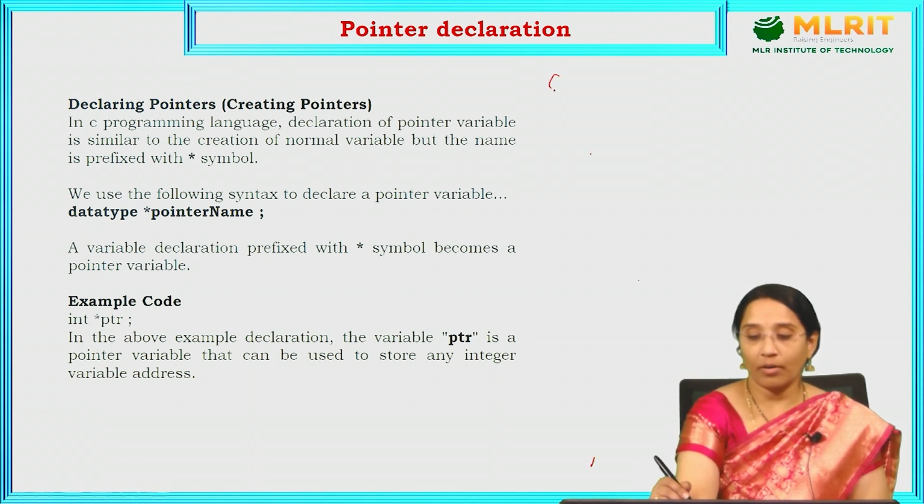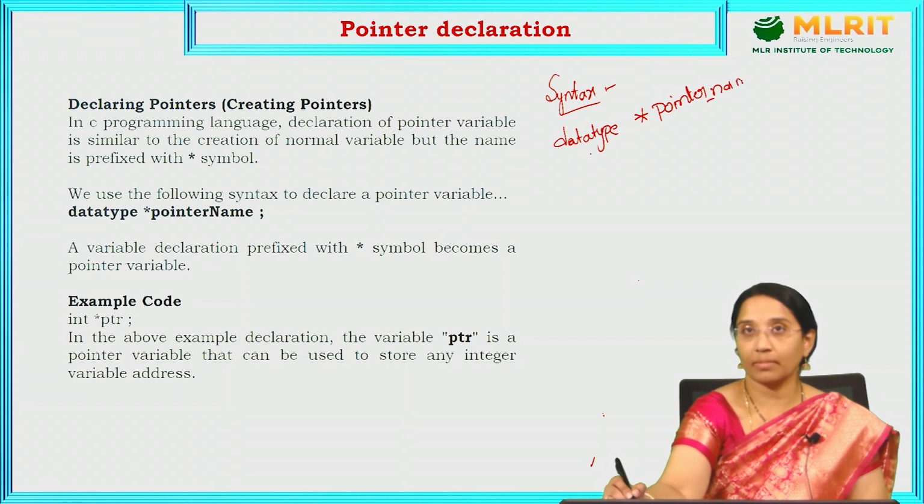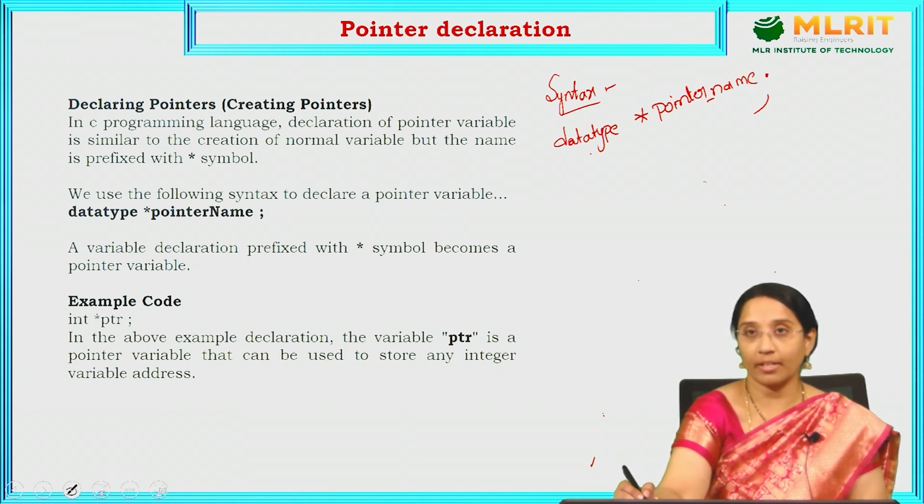So how to declare a pointer variable? The syntax for declaring the pointer variable is data type, asterisk, pointer name, semicolon. That is the syntax of the declaration.